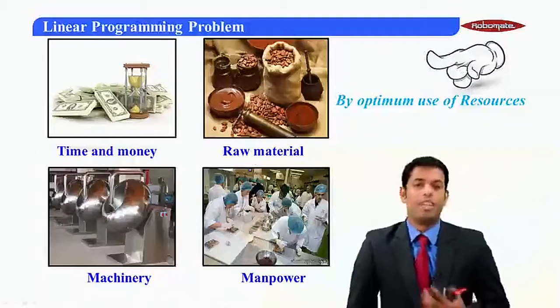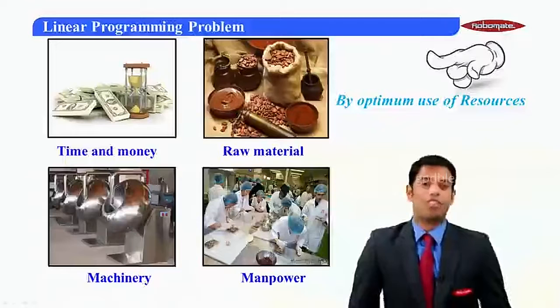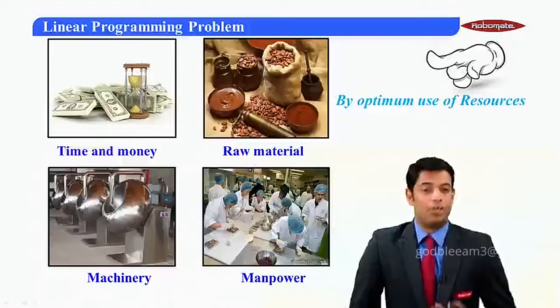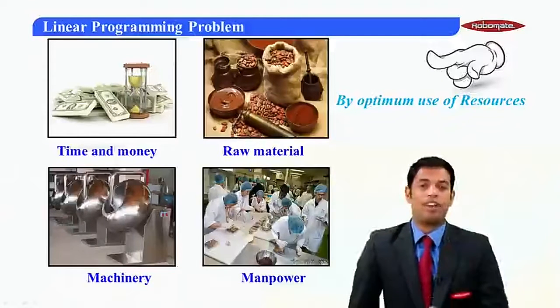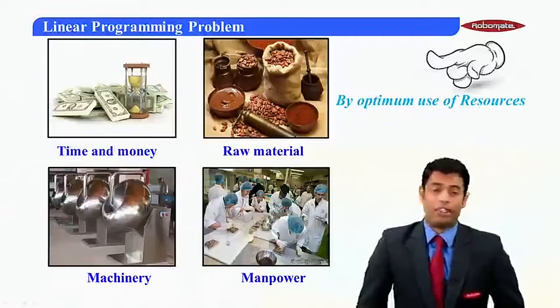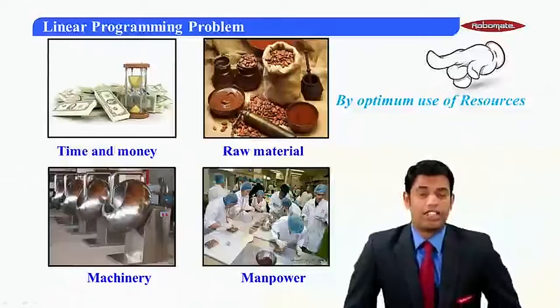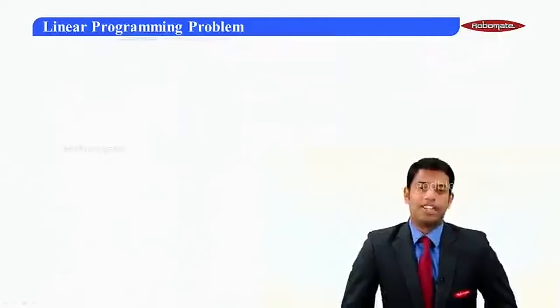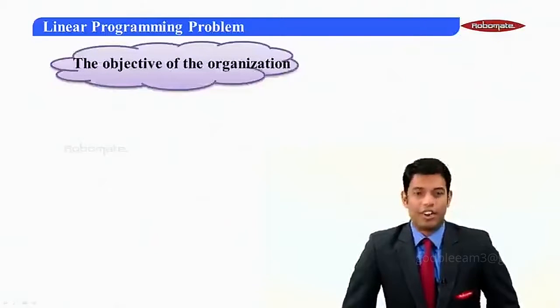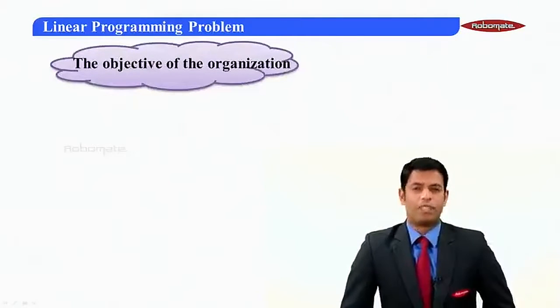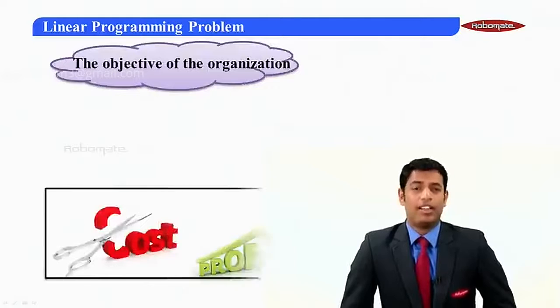And what do we mean by optimum use of resources? The optimum use of resources means using them in exactly the appropriate amount. And with all this, what does a manager try to achieve? The manager tries to achieve something called the objective of the organization. Now what is the objective of the organization?